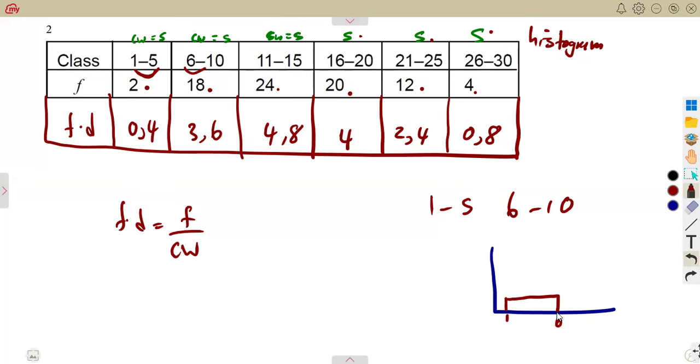A histogram is supposed to have bars in contact. Instead of ending at 10, the next class ends at 11. So you can choose to have 1, 6, 11, and you're no longer having those other values.